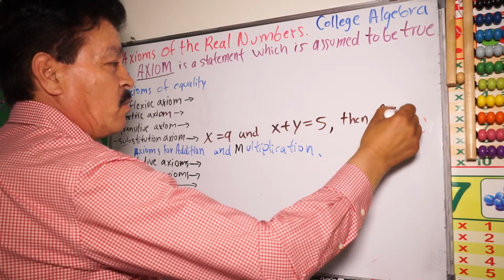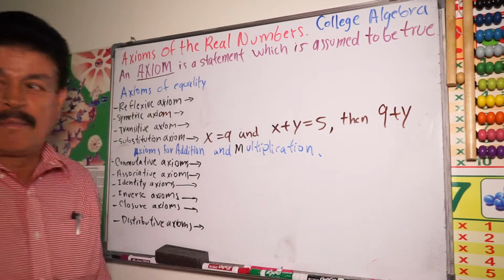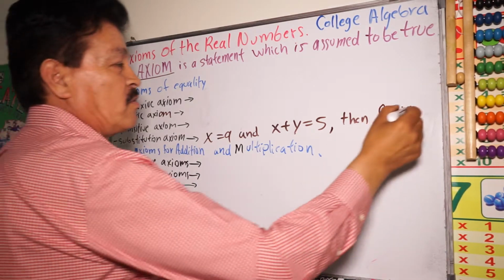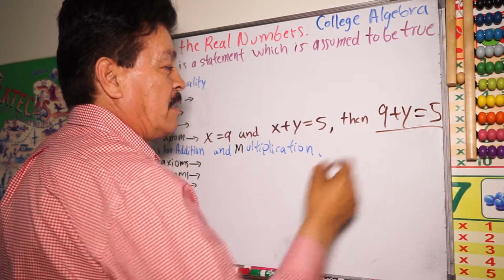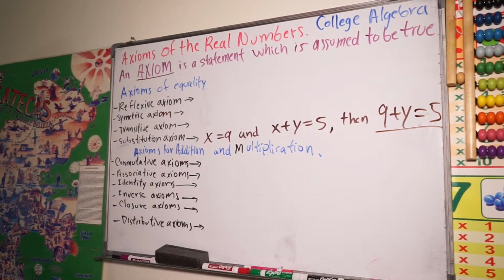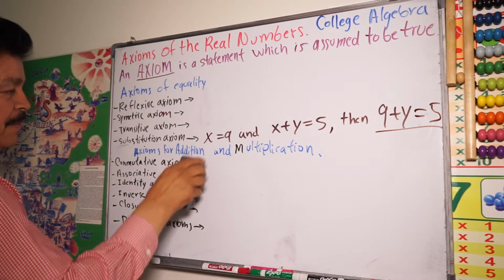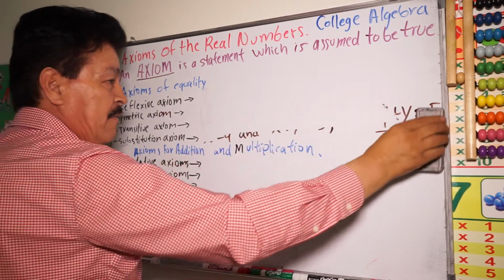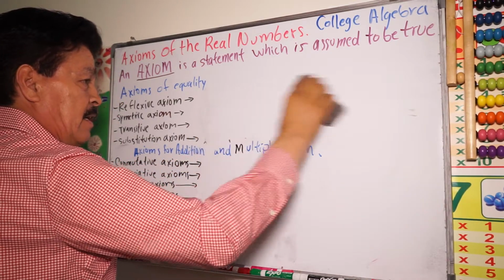This is one example of the substitution axiom. So let's go find the rest of the axioms.